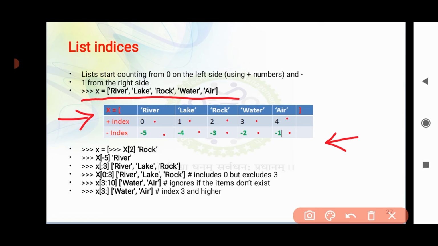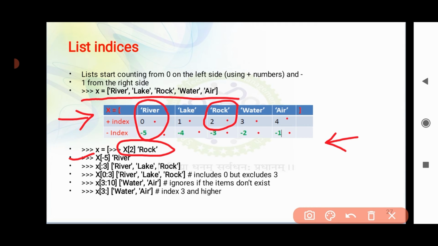For the first operation, x of 2, the result should be the element at the second index position. What is the element present at the second index position? That is rock. So the result is rock. Now coming to x of -5, you can see the element is river.